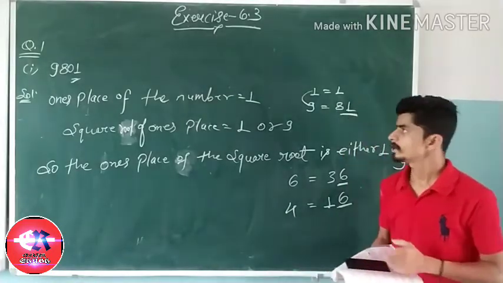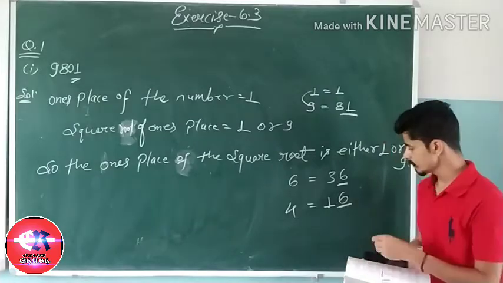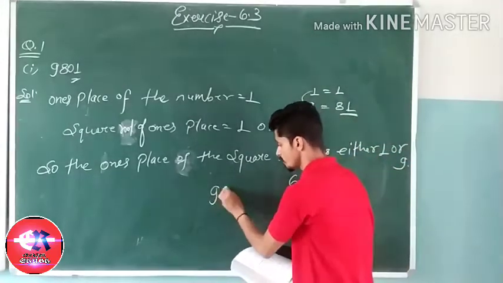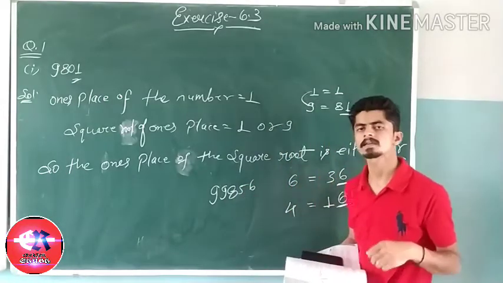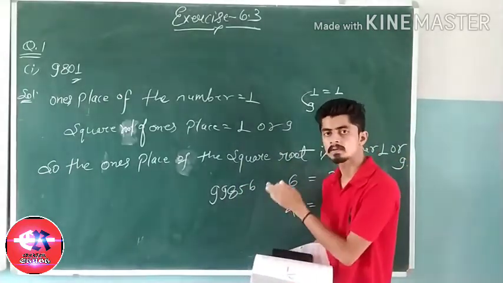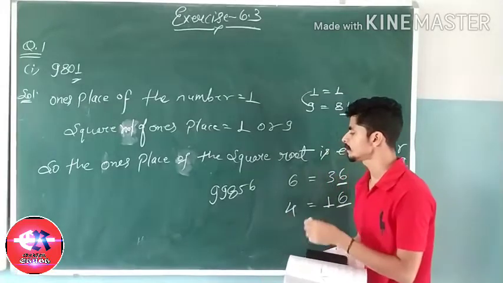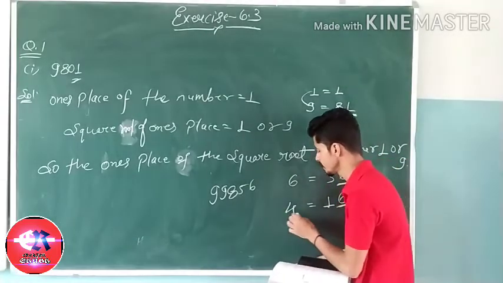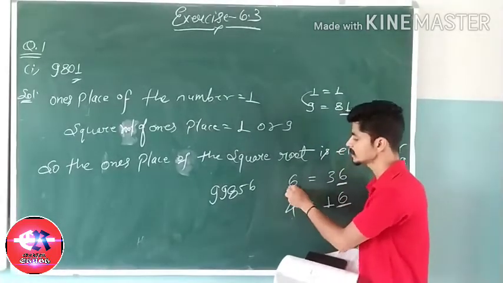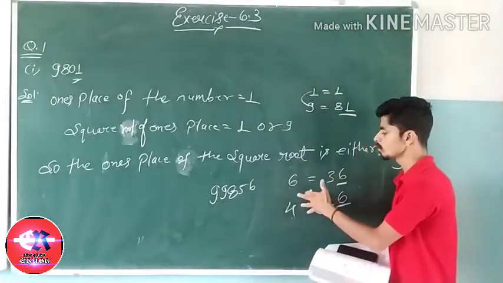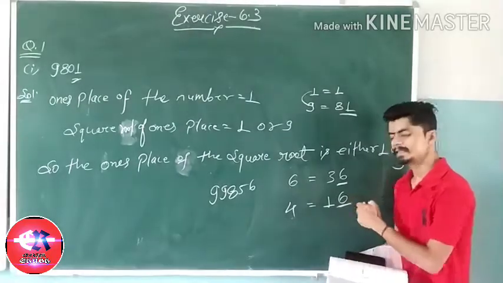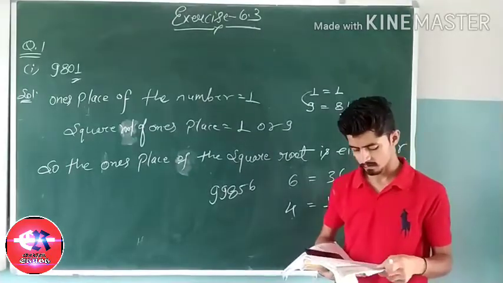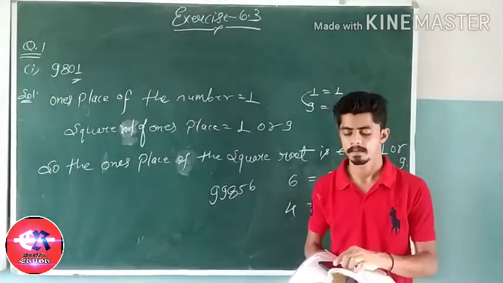That means whatever answer we get after finding the square root of 99,856, it may have 4 or 6 at its ones place, because both numbers give 6 at the ones place after squaring. So that's all the solution of question number 1.